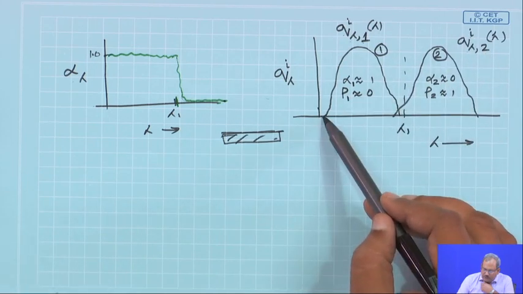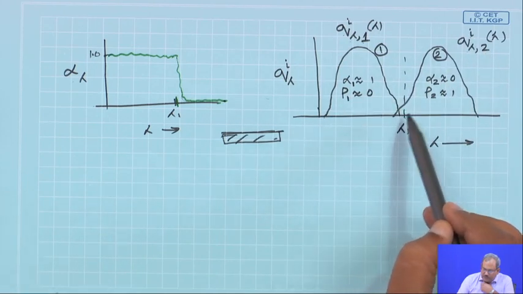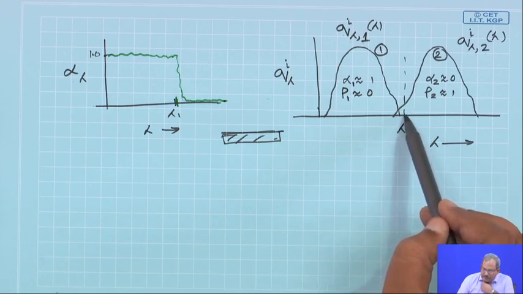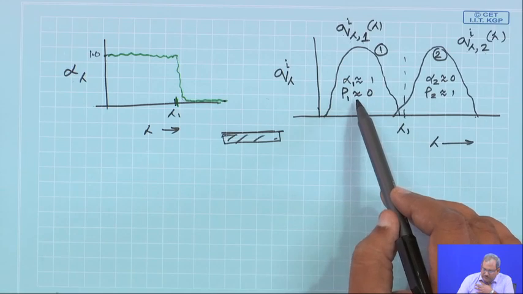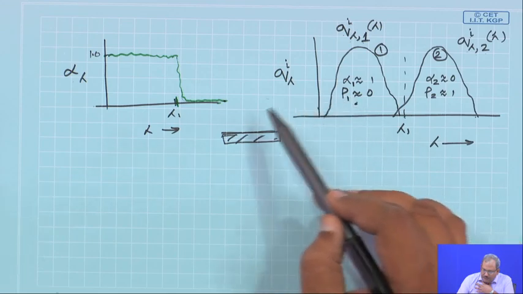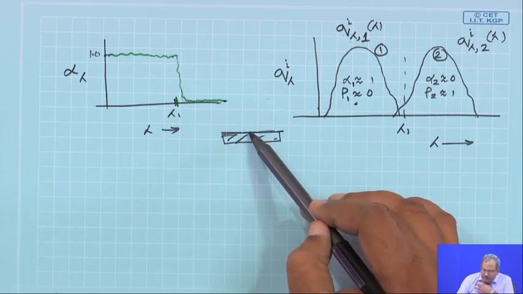One is concentrated in the range 0 to lambda 1, the other in the region beyond lambda 1. Since in this region absorptivity is equal to 1, almost all of the incident radiation is going to be absorbed by the surface.